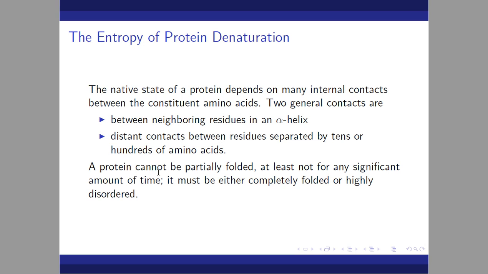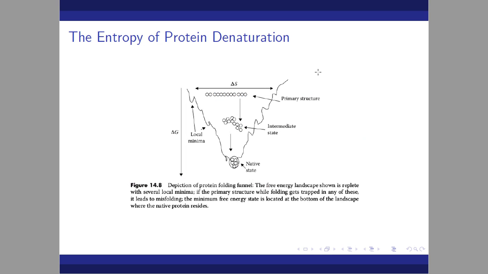A protein cannot be partially folded, at least not for any significant amount of time. It must be either completely folded or highly disordered. Completely folded means clumped together, highly disordered means stretched out. So these are the entropy of the protein denaturation.